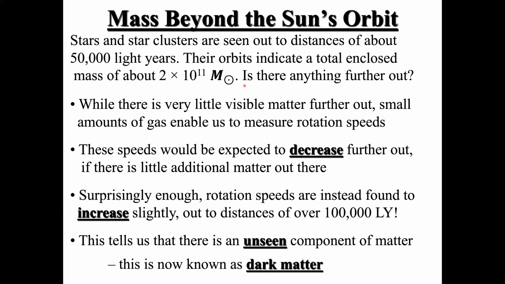Now, for that to happen, meaning for these rotational speeds to increase, there should be some kind of matter that we cannot detect at the wavelengths we are using in the electromagnetic spectrum, right?